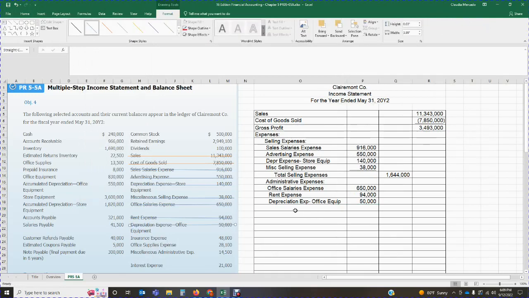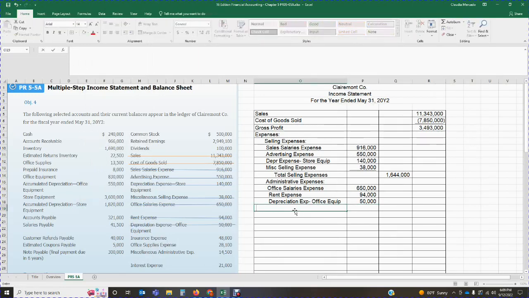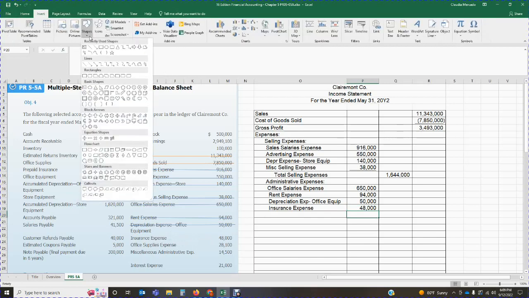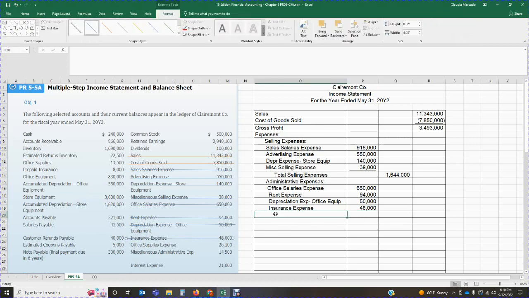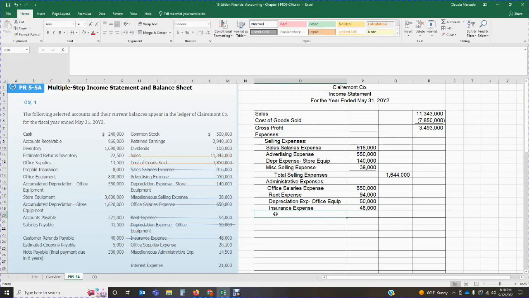We have insurance expense. And insurance expense is $48,000. And we have office supplies expense.